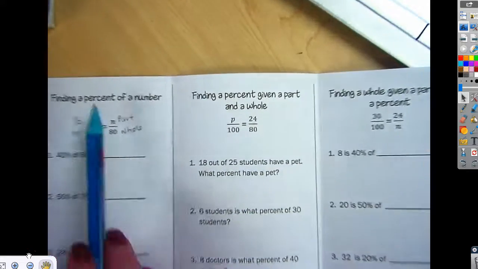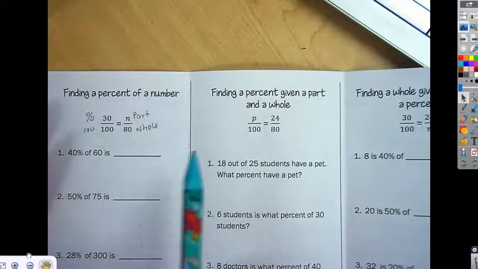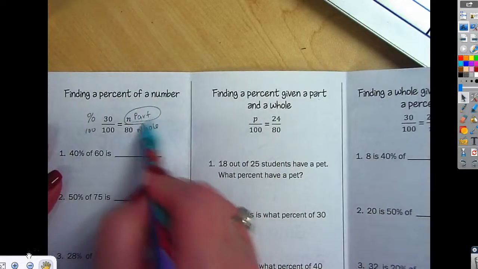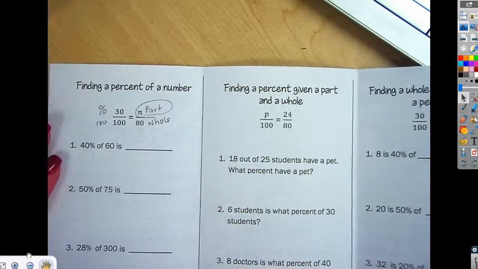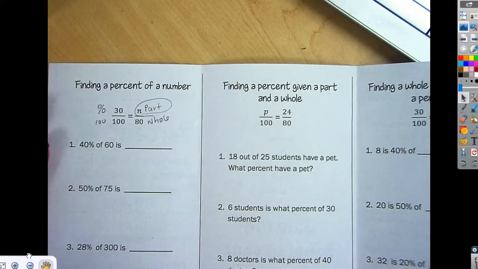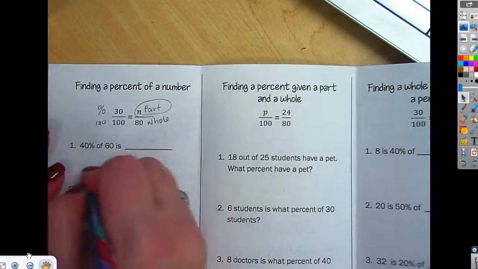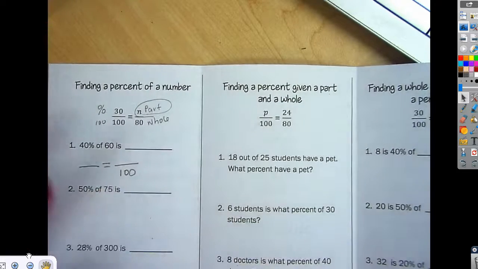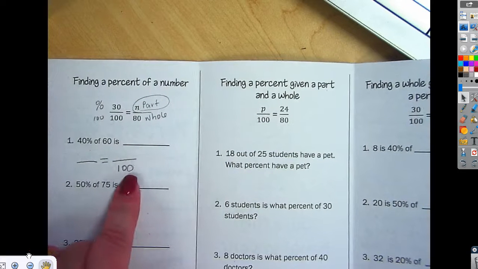So here we're going to find the percent of a number, so we need to know the part in this problem. The way you set this up, if I said set up a percent proportion, you would set it up like this, out of 100. This second denominator is always 100. Why? Because the percent is always out of 100.